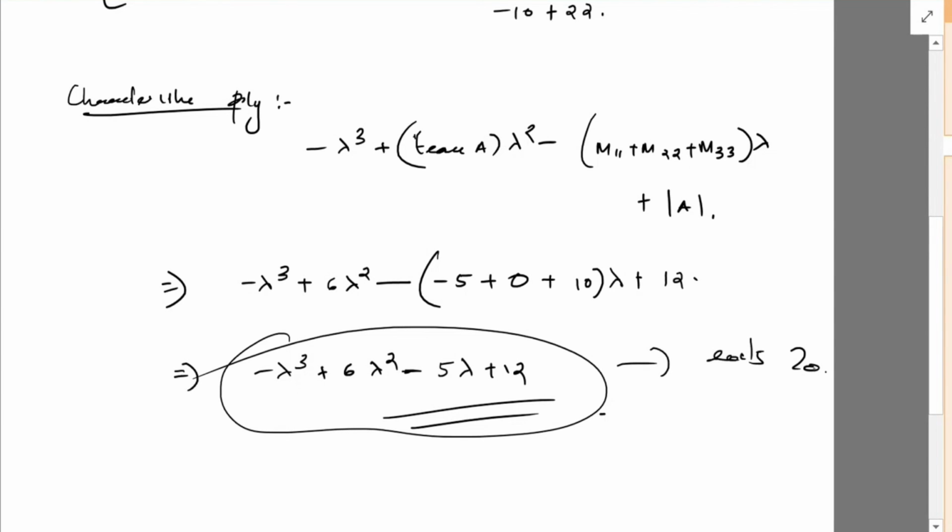I think the roots don't exist for this polynomial. So maybe there is some mistake in the question, or we can try this in the next class. So the characteristic polynomial of this matrix is minus lambda cube plus 6 lambda square minus 5 lambda plus 12.